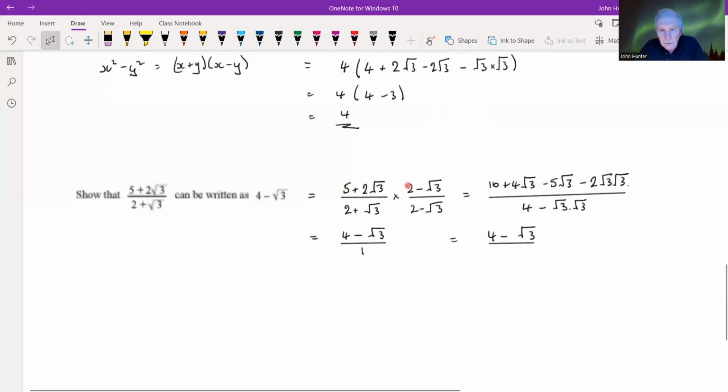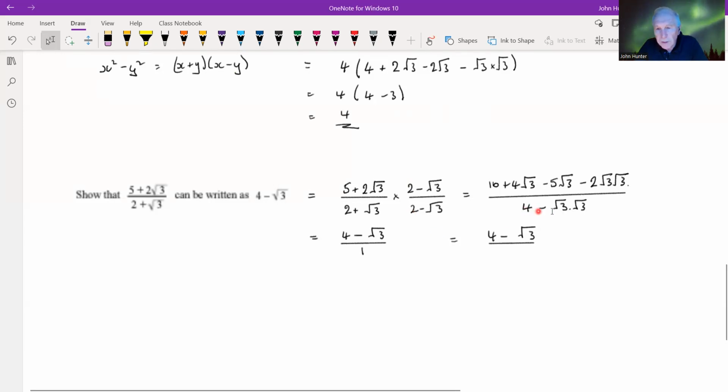2 lefts, this is a 5 times 2, the insides, the outsides, and then 2 rights give us what's on the numerator here. Same thing for the denominator, although we know that the 2 times minus root 3 and the root 3 times 2 are going to cancel each other out.